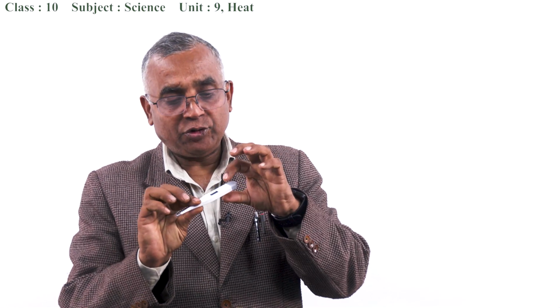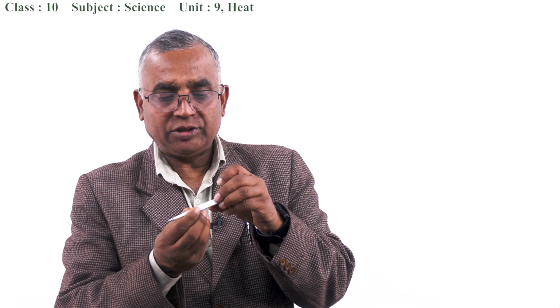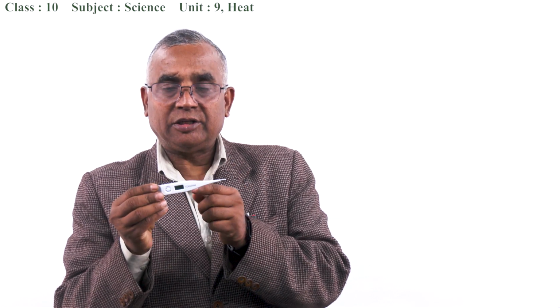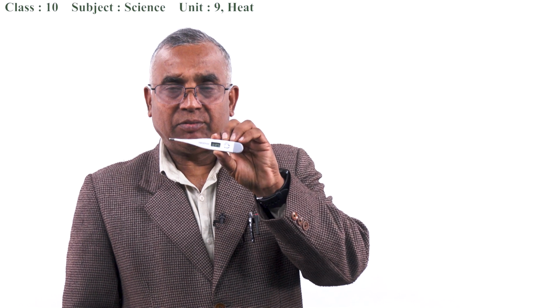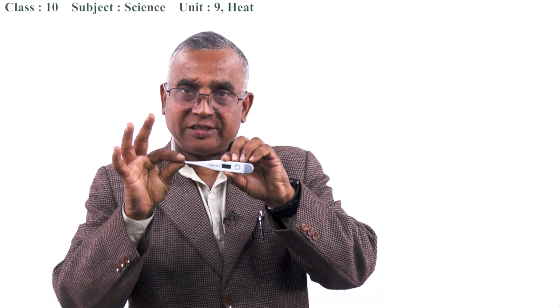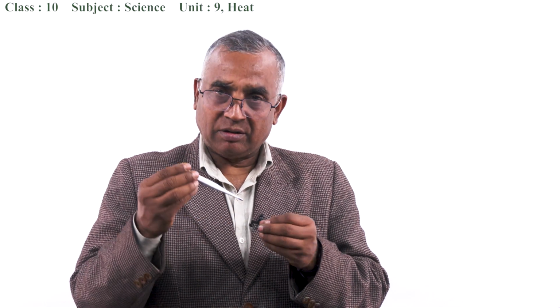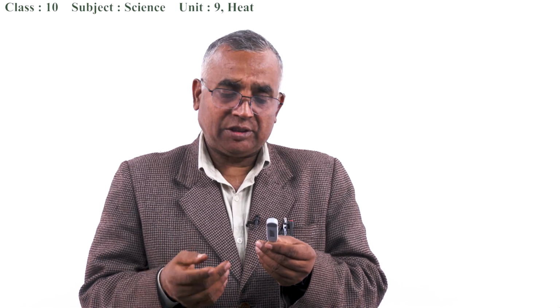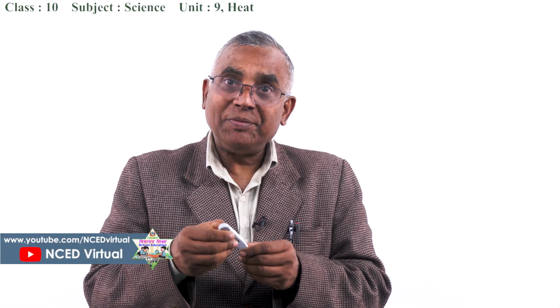So when we have to use it, we have to switch it on. Then the number displays. So here it is displaying, yes, something is displayed. And when we touch it or keep it for 1 minute under our armpit, you know how it measures? After recording the temperature, it beeps.